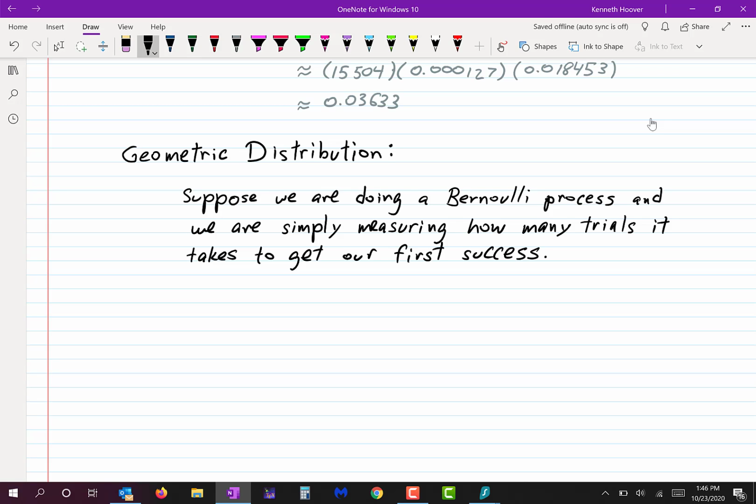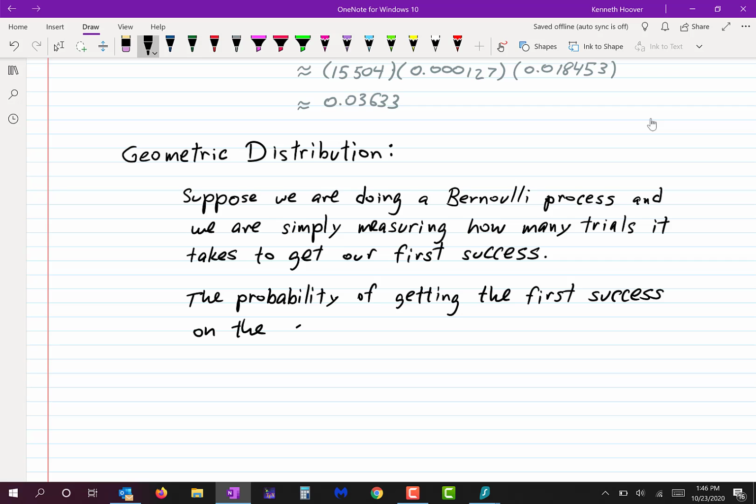Okay, and then we ask the question, what's the probability of getting the first success on the xth trial?